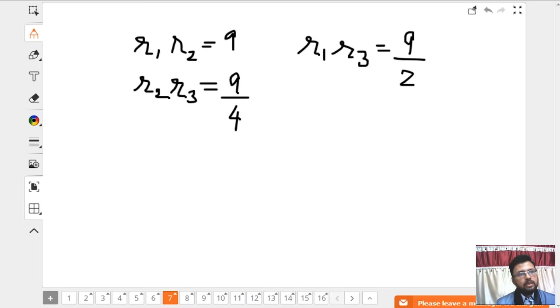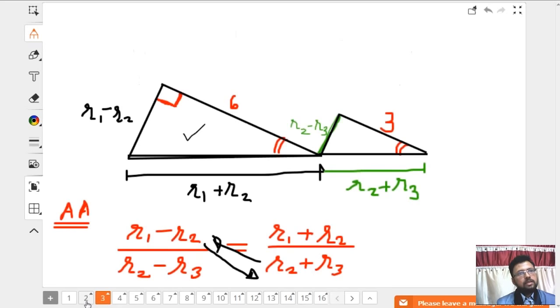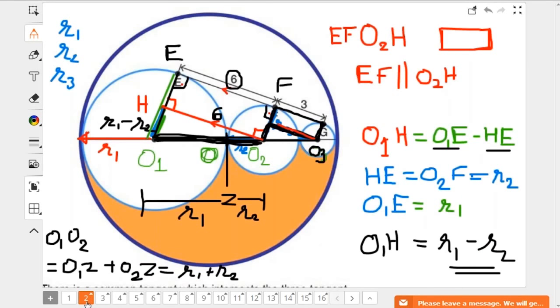To our question. Okay, the question said area of this region. Okay, yes. Now area of this region, how will you calculate? Okay, essentially, how will you calculate area of this region? Yes, very good.